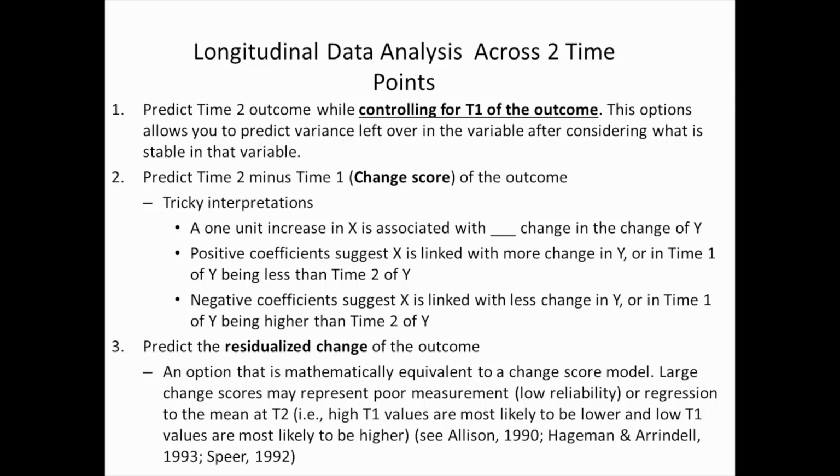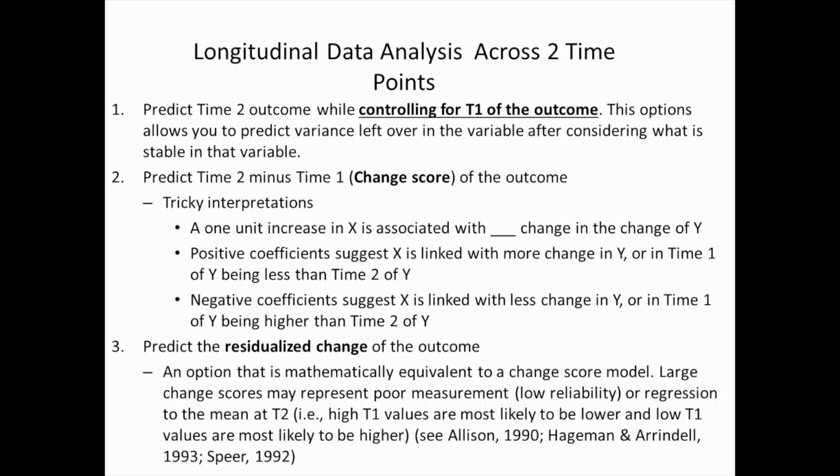And so a 1 unit change in X is related to this much change in Y. You see on the slide here, positive coefficients suggests that X is linked with more change in Y. I'm just reading the last part of this slide here, or the last part of this line.